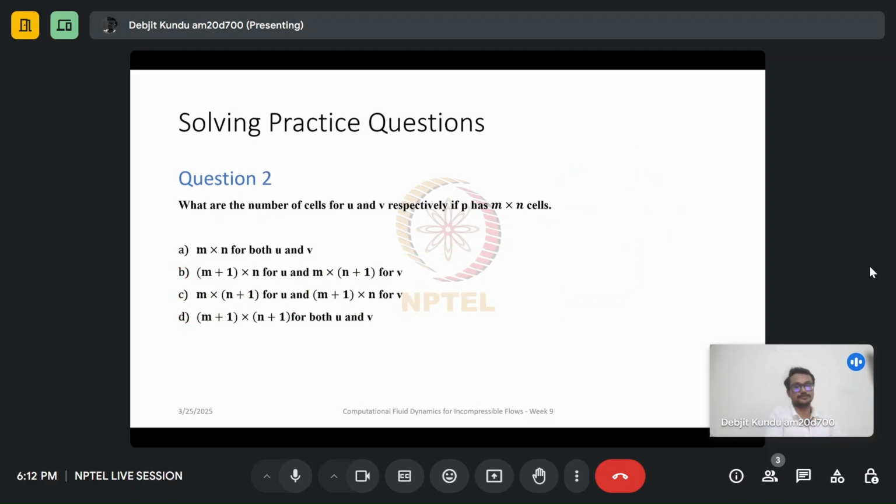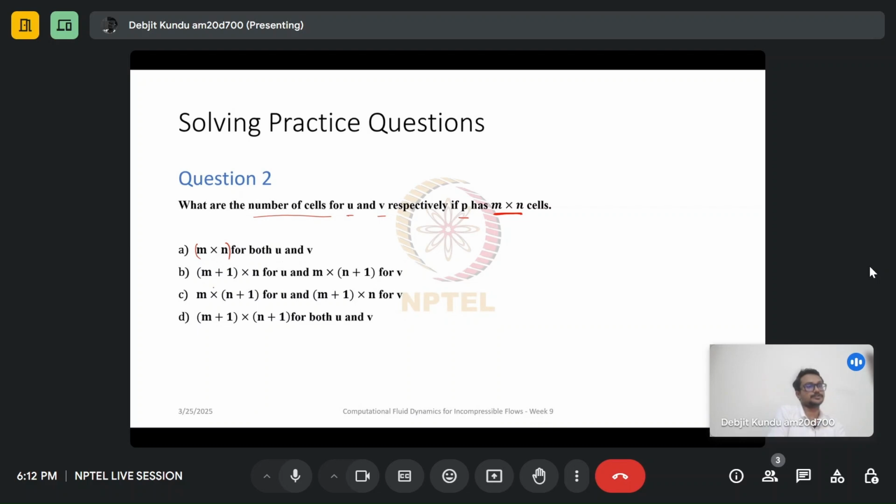Move on to question number 2, which is asking us what are the number of cells for u and v individually, respectively, if p, pressure, has m cross n cells. Is it option A, m cross n for both u and v, that is, there's no difference, both have the same number of cells as p does?